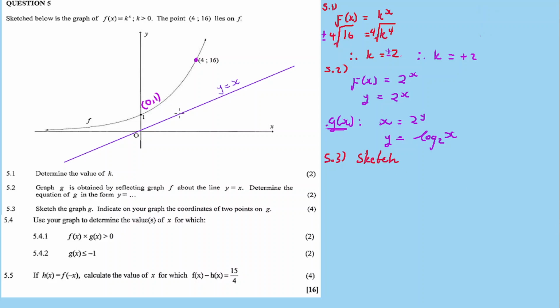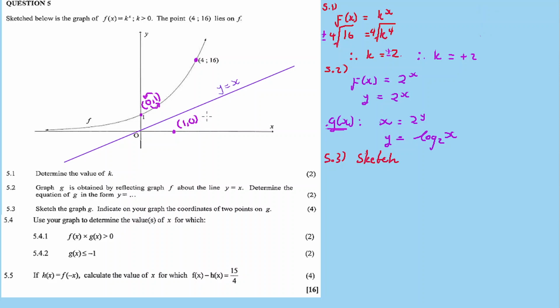So it means that this point here, 0 and 1, will become 1 and 0, meaning the 1 becomes x and the 0 becomes y. y is equal to x, meaning you swap the coordinates.